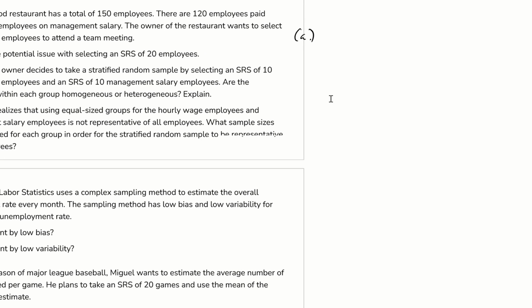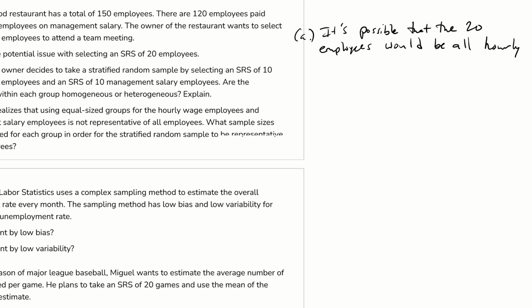So here it's possible that the 20 employees selected would be all hourly or all salary. Okay, so there's a potential problem.